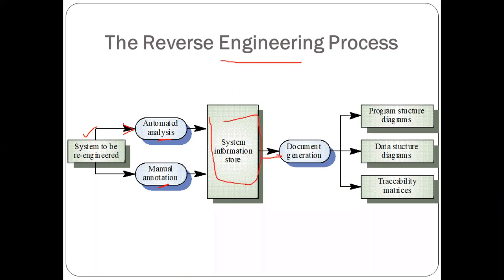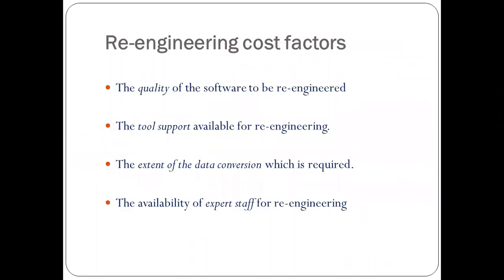The documents are generated according to this analysis. And then three things are done: program structure diagrams are prepared, data structure diagrams are prepared, and a traceability matrix is done. After this, forward engineering takes place, right? So this is the reverse engineering process, a sub-step of the re-engineering process.